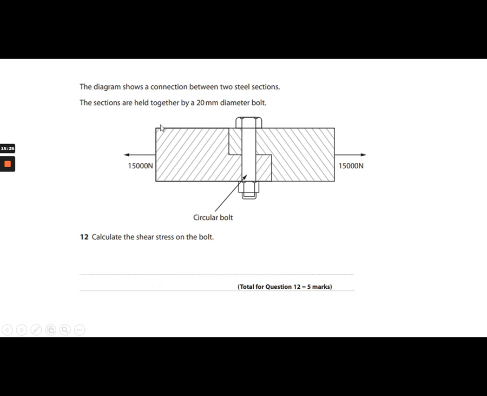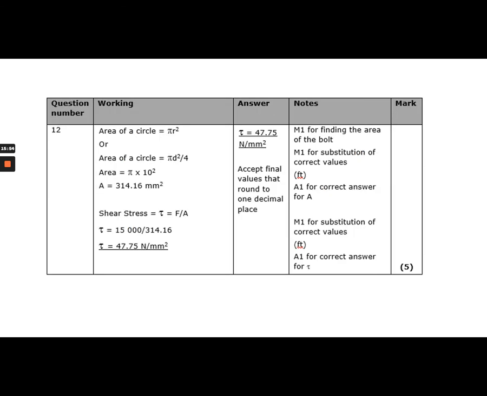And then your area, well, again, you've got the diameter. They seem to always give you the diameter. Sometimes in meters, sometimes in millimeters. So get it into meters. 20 times 10 to the minus 3. Halve it to get your radius. And then pi r squared gives you your area. Okay, 5 marks for that. Shear stress, force over area, pascals or newtons per meter squared. There's your mark scheme.